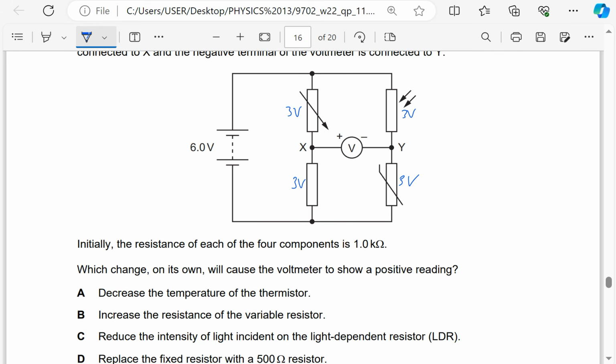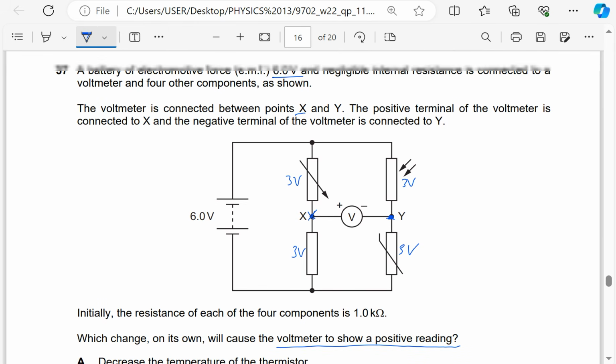Which change on its own will cause the voltmeter to show a positive reading? So it should have high potential here and low potential here. So it means the potential at this point should go down. I'm saying initially V is equal to 0 before we make a change.